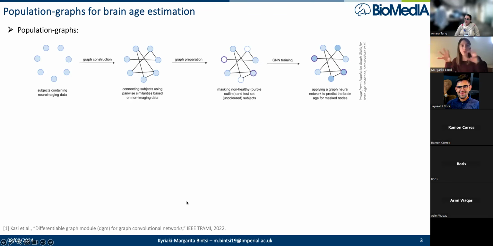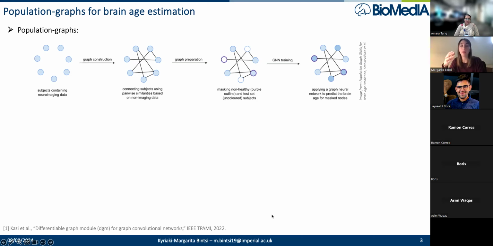All of these nodes, the subjects, are connected among each other based on some associations or relationships among them. And then the population graph, which is one whole, is used as input to different GNNs. And the prediction is based on nodes. So we have node classification or node regression.